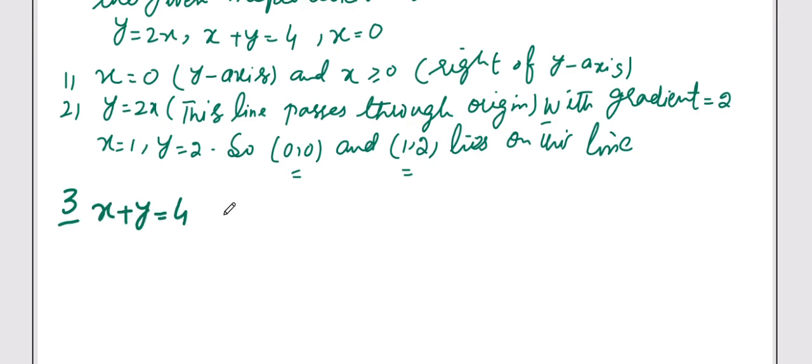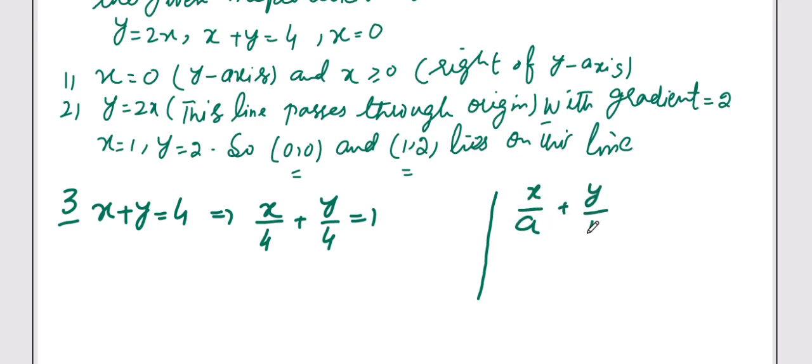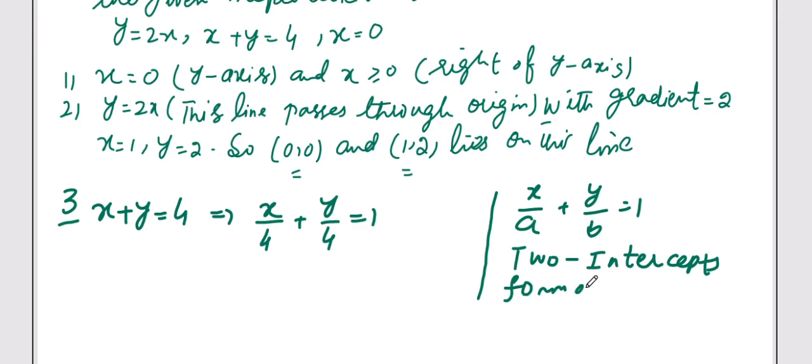Can you write this line as x over 4 plus y over 4 equal to 1? In my previous lecture, I discussed that this line, x over a plus y over b equal to 1, is called the intercept form of a line.